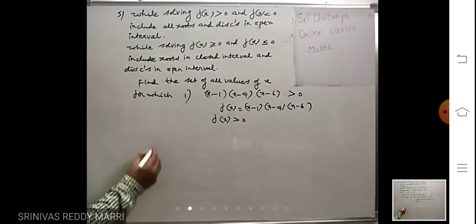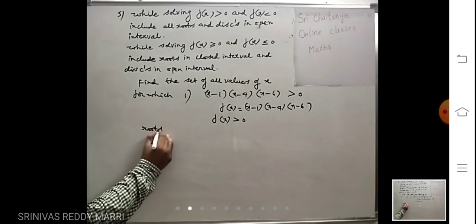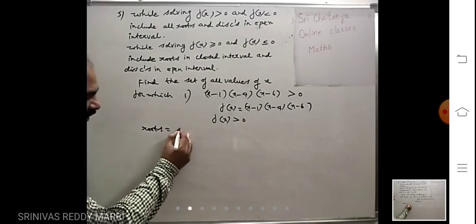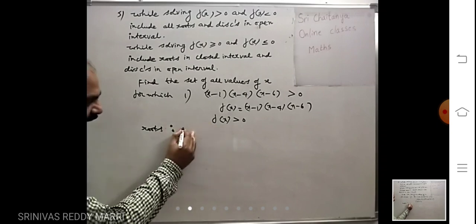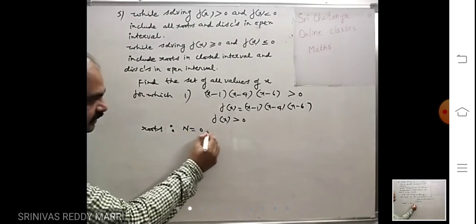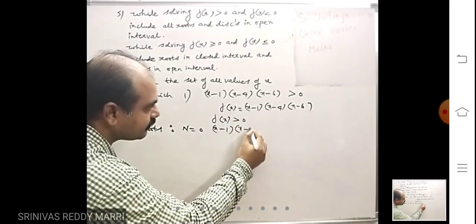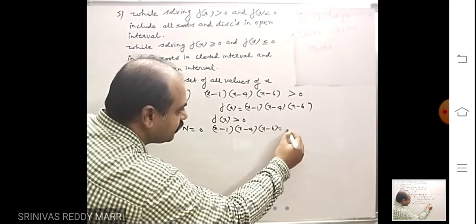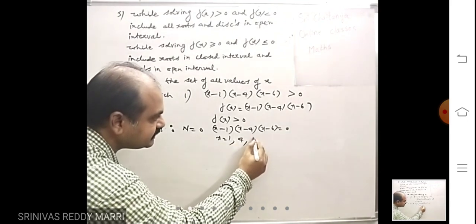First step, find the roots. In f of x only numerator is there, so find roots: numerator equal to 0. What values will you get? 1, 4, 6.